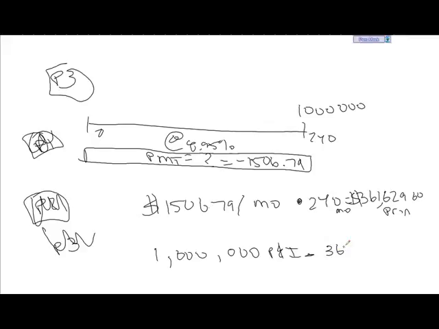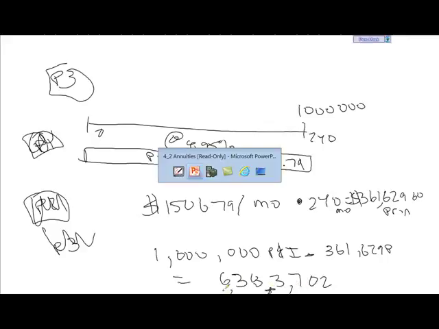Well, if we take away all of the principal, then what's left is the interest amount. So that means in total we'll have earned $638,370.2, I believe. I believe that's the amount in total. Put my commas in the wrong place. So this should be, no, that doesn't sound right.